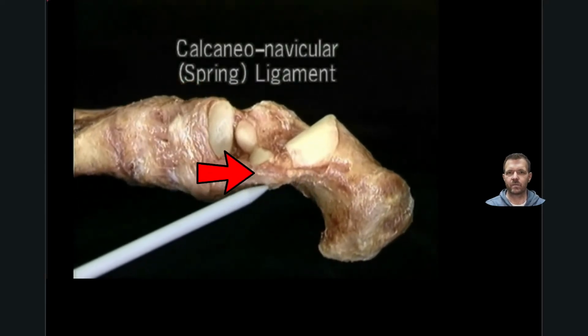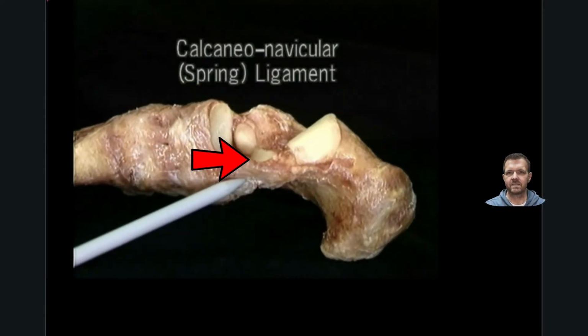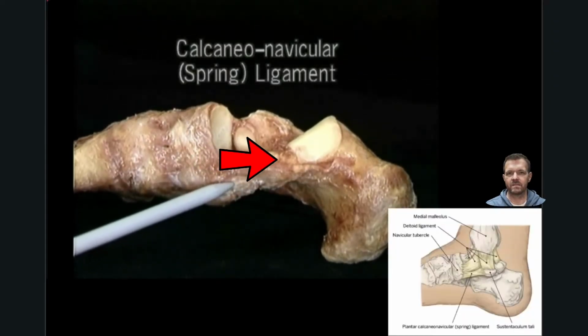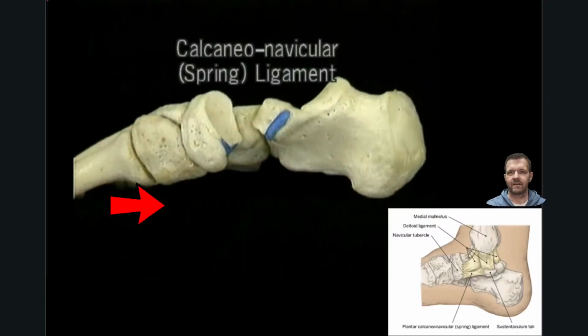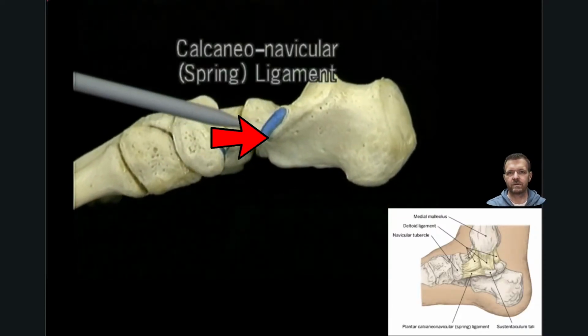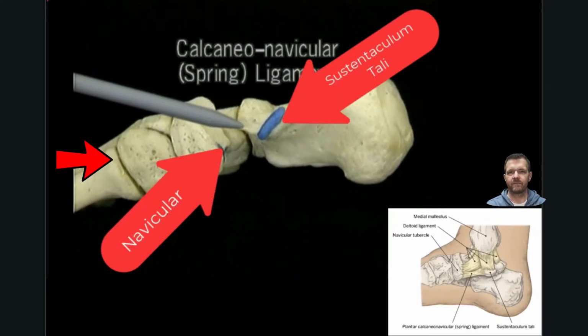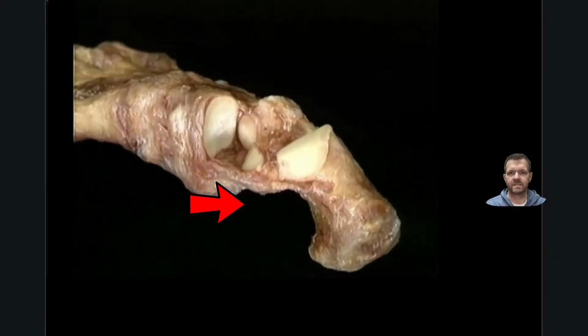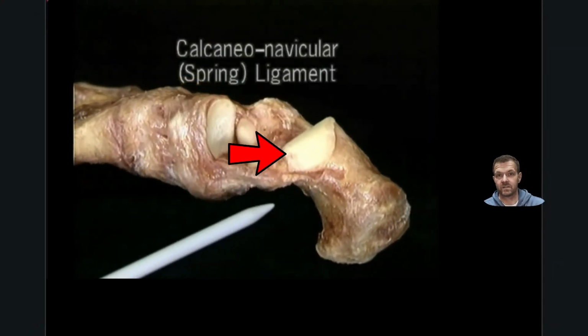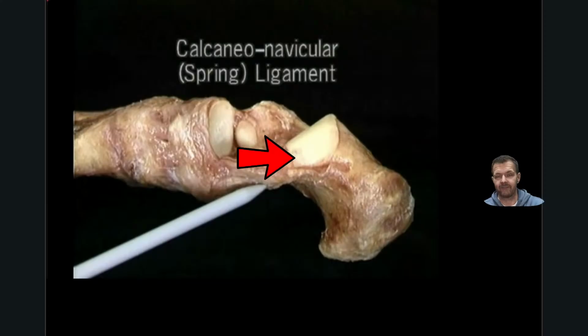And then this is the spring ligament just here. So you can see there's a bit of a gap between the sustentaculum tali and the navicular, and that ligament bridges the gap. So it's like a hammock for the talus bone. Oh, I didn't put the talus in, that's a shame. Okay, so the talus is on the top there.